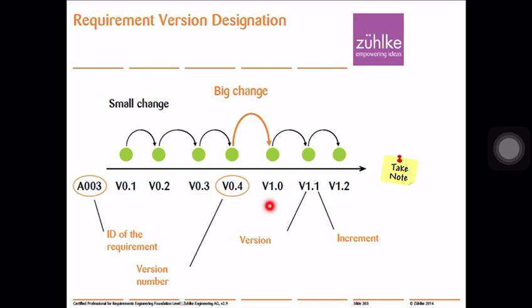Therefore, the version number increased from 0.4 to 1.0. Later on, a minor change or small change is requested by the stakeholder, and the version number increased to 1.1 and 1.2 due to the small change.